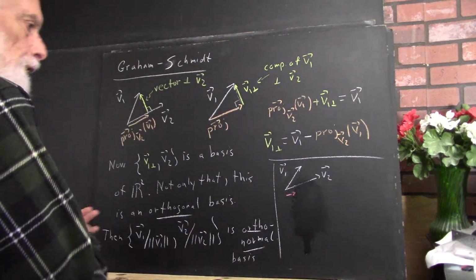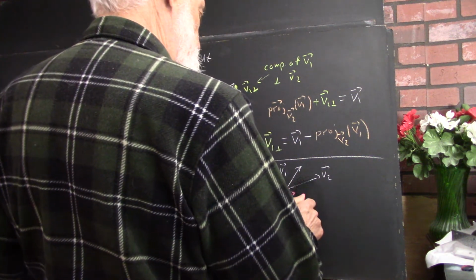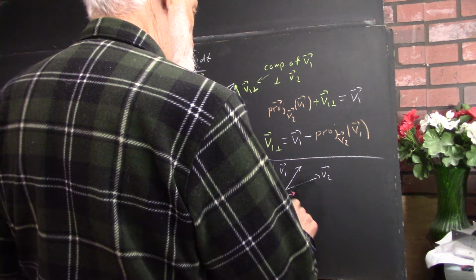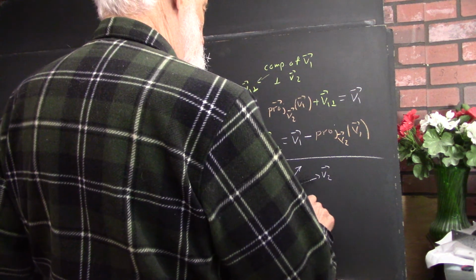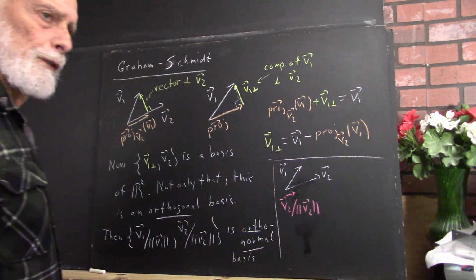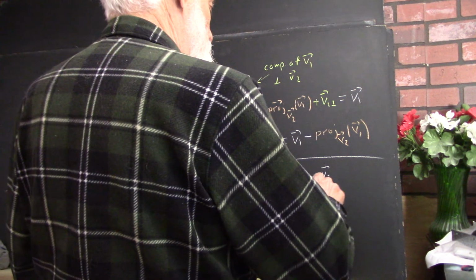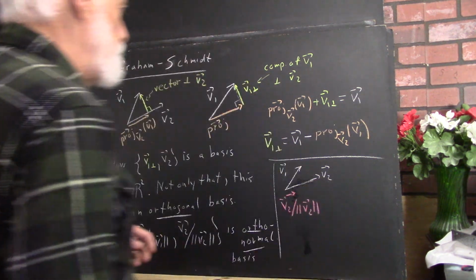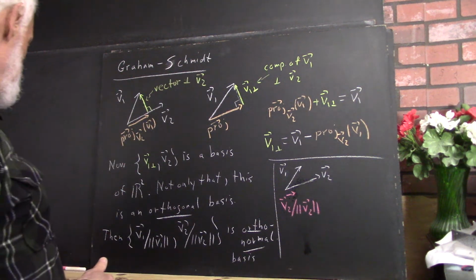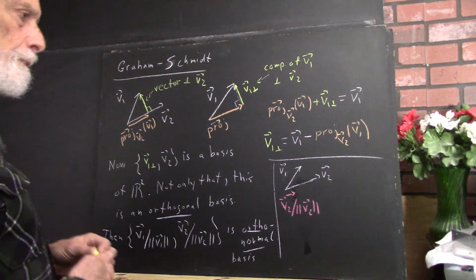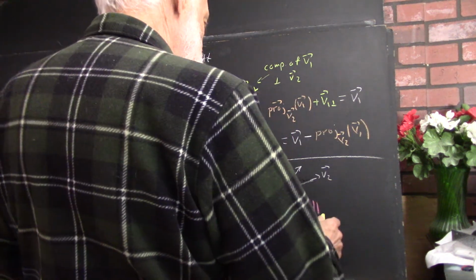Okay, this vector here is v2 over the magnitude of v2. Well, that simplifies calculation of the projection. So we can easily show that.